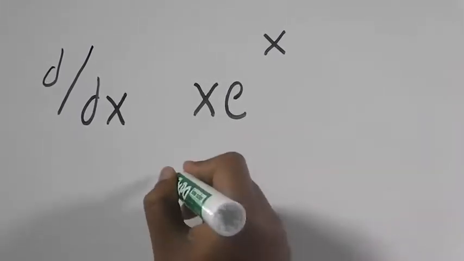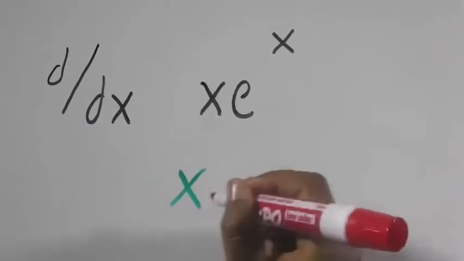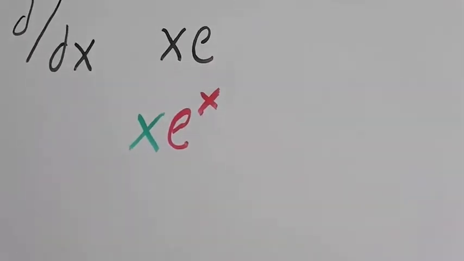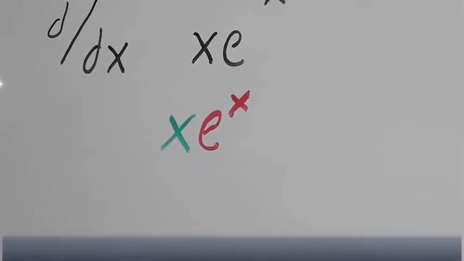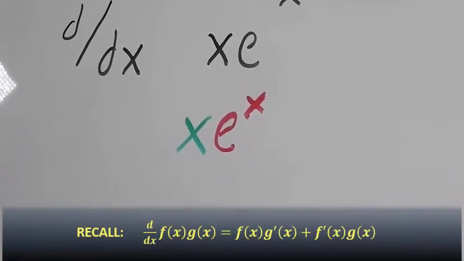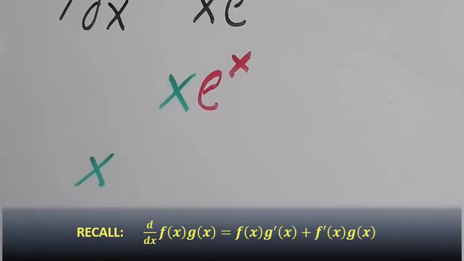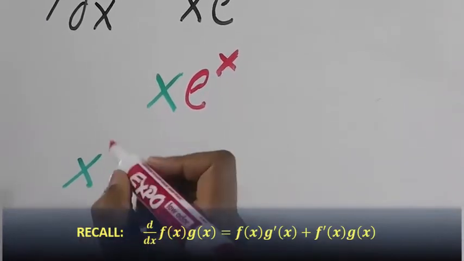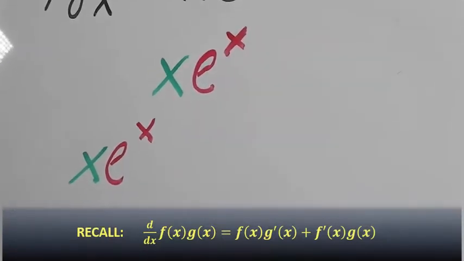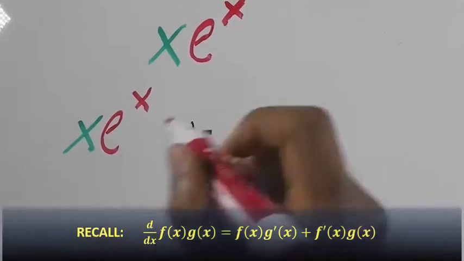So if we make x the green function and e to the x the red function, we do the green function times the derivative of the red function, which is just x times the derivative of e to the x, which is easily just e to the x, plus the red function times the derivative of the green function.